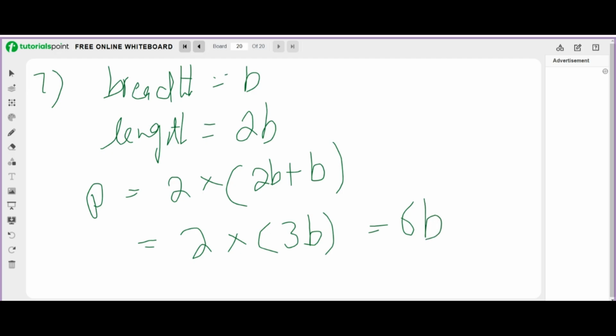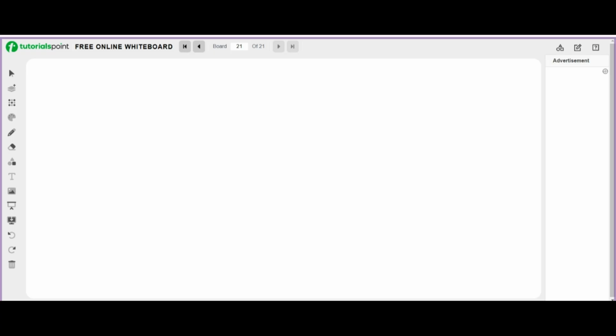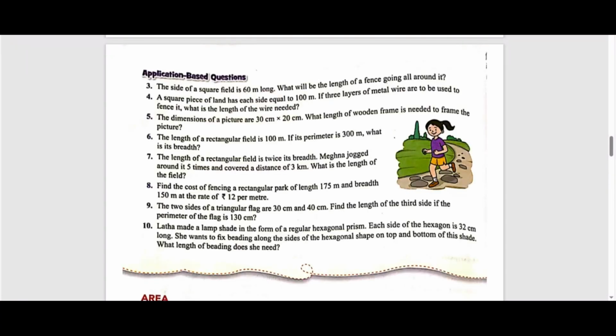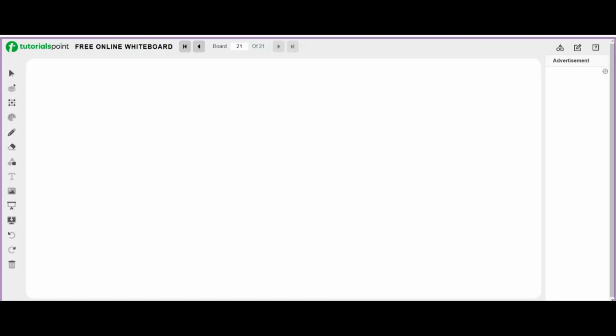Okay, so the distance covered in 5 rounds. How much distance is covered in 5 rounds? No, no, the distance covered in 5 rounds is 3 kilometer, now we have to convert that into meter. Yes, we have to convert that one as well.